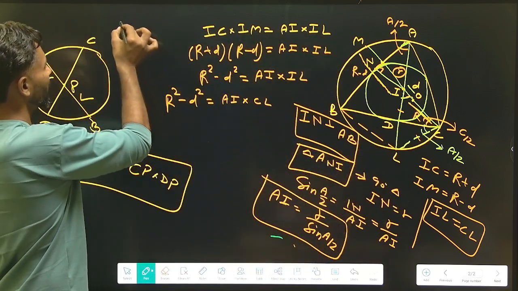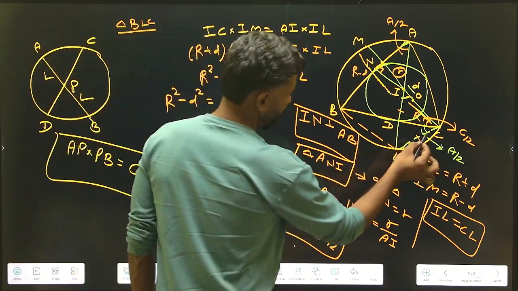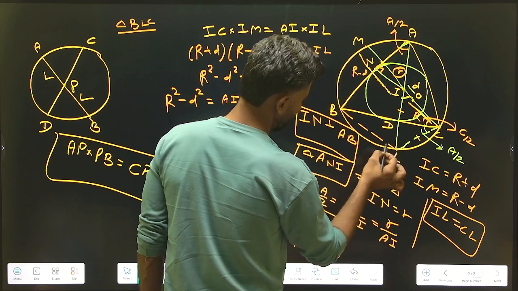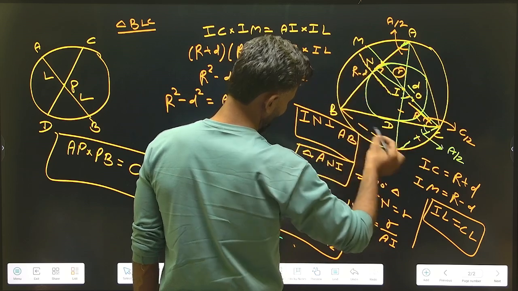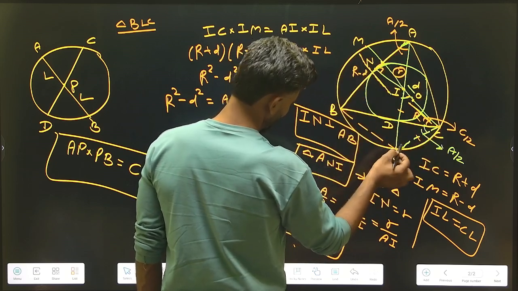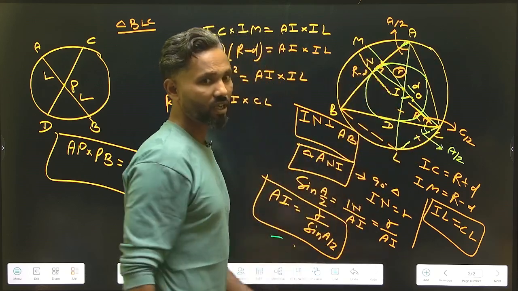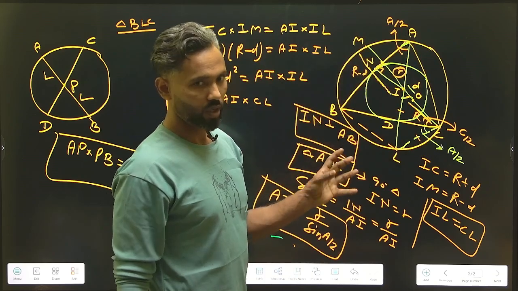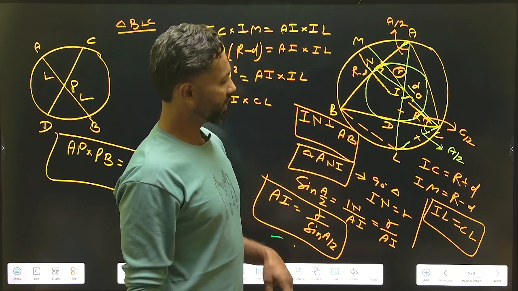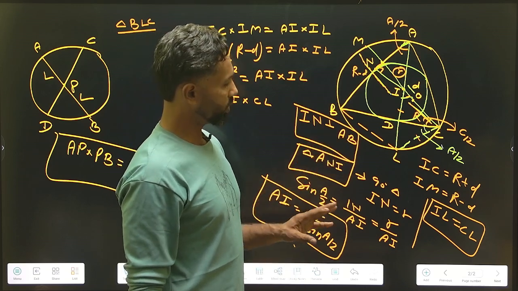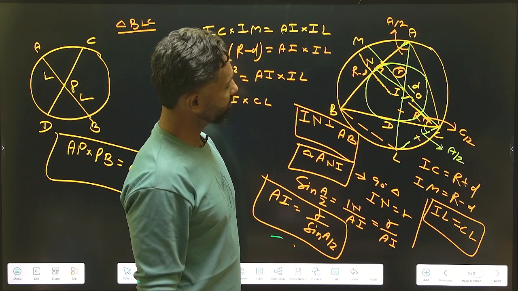You can see triangle BLC, with vertices C, L, and B. This same circumcircle passes through the three vertices, so it will be the circumcircle for triangle BLC as well as triangle ABC. And if you know one angle of the triangle and the opposite side, you can calculate the circumradius.